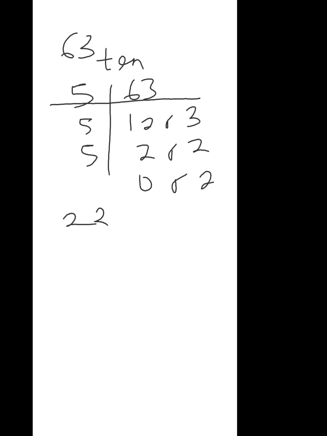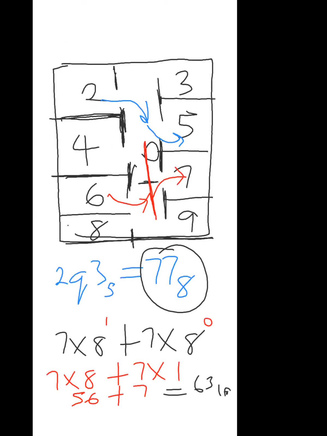Don't forget how our 2, 2, 3 is arrived at. We arrived at it by starting from the lowest last number here, and then we are going upward in base 5. So when you go back to the original question, they gave us 2Q3 in base 5, but from our 77 base 8, we are able to get 223. So let us now see what is happening.